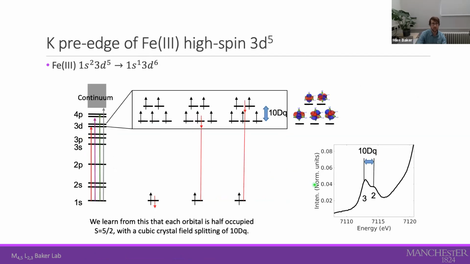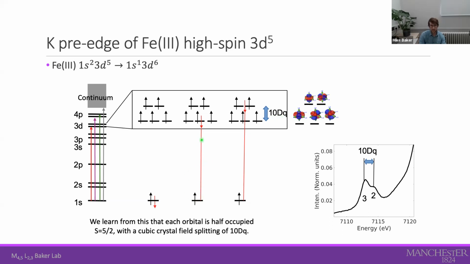So if we come back to understanding our K pre-edge, then we can simply consider the 1s excitation into our 3d shell. Initially this is iron 3+, so we have a 3d5 electron configuration. These are the eg orbitals at higher energy and t2g orbitals just below, as I explained on the previous slide, split due to the crystal field 10Dq.